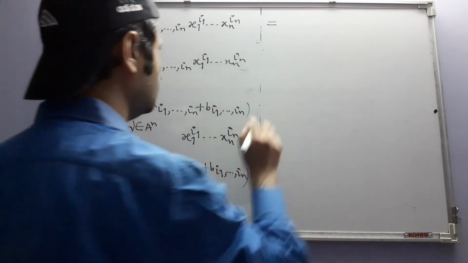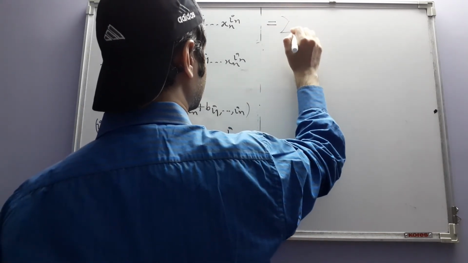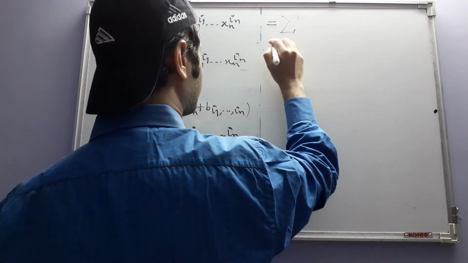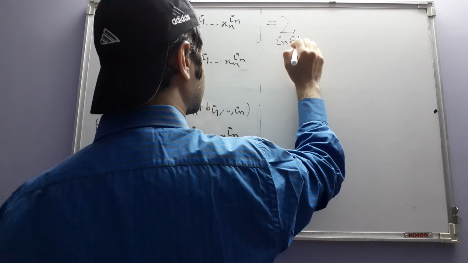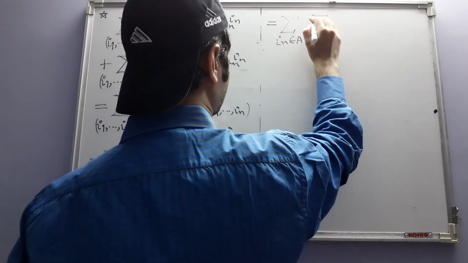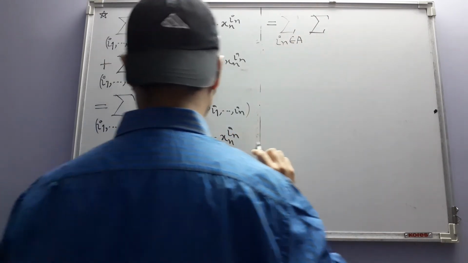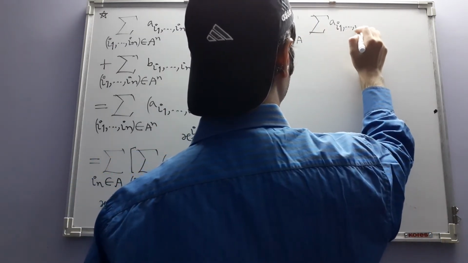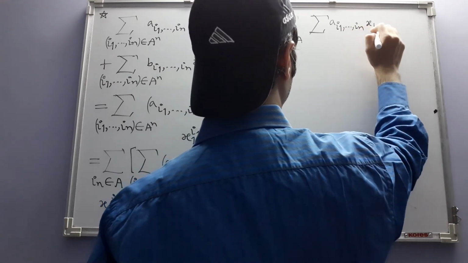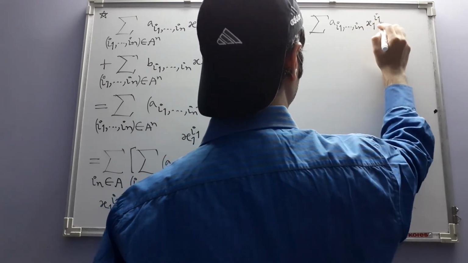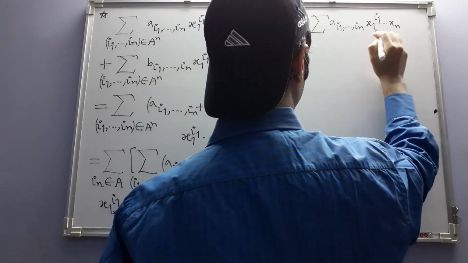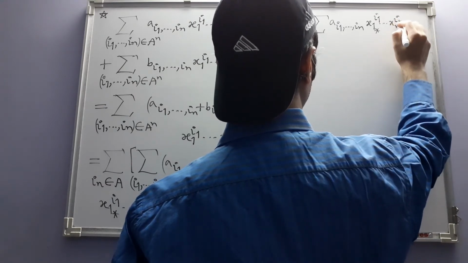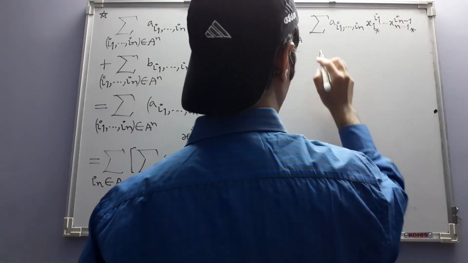So this can be written as a in A, summation a I1 I2 up to In, x1 to the power I1 x2 to the power I2. Oh, I should not forget star, I n minus 1.